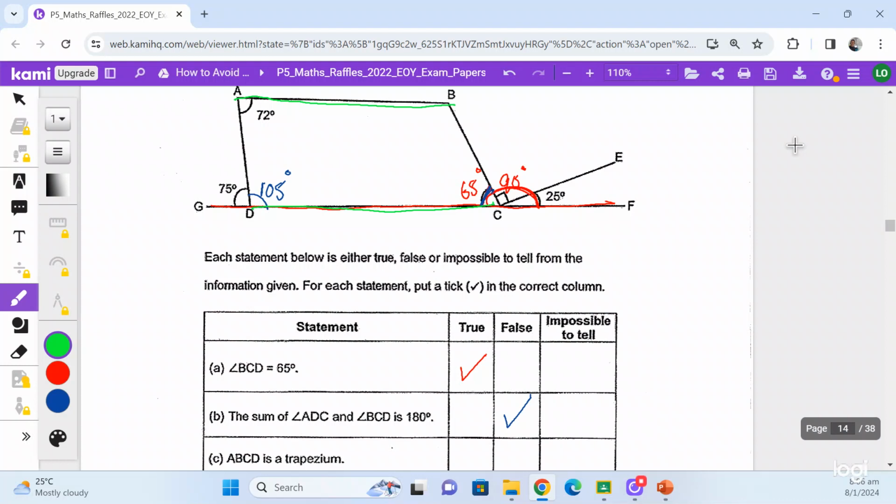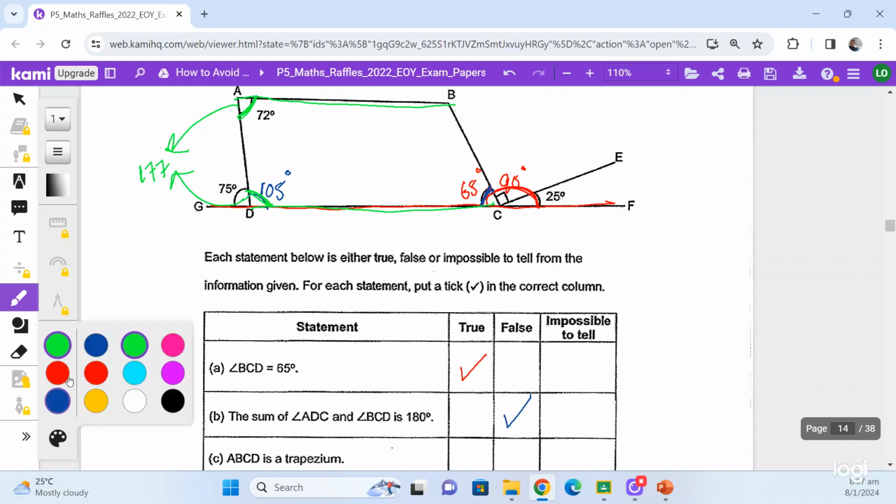So what do you know about a trapezium? A trapezium must have two lines parallel, and then the angles between the two parallel lines must add together to 180 degrees. So if you take this angle and this angle, 105 plus 72, and you add them together, you will get 177 degrees. So do the two angles add together to 180? No, they don't. So this is not a trapezium. You have proven that your figure ABCD is not a trapezium.